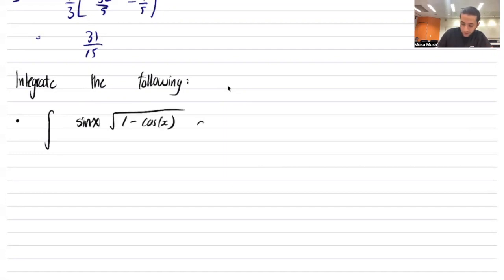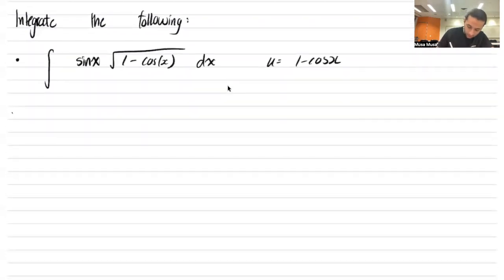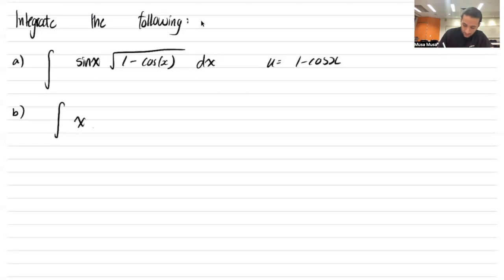I know we did this question in another video, but I want you to have a go here. So I'm giving you the u sub. I'll give you a few. So I'll call this A, call this B. Let's have a go at, I'll give you a definite one. x times the square root of 4 minus x. And this is going to be from minus 5 to 3.